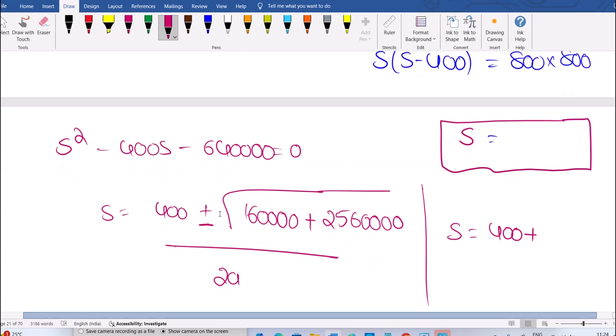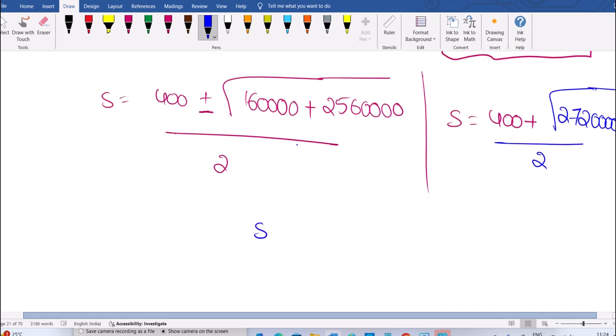So now you do that divided by 2a, where a value is 1 here. So square root of 27 lakhs, divided by 2.